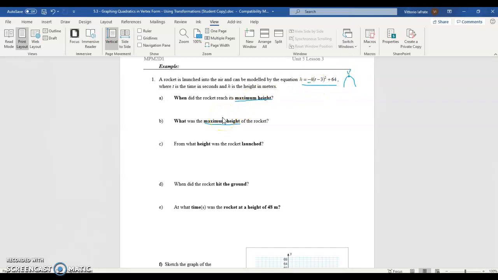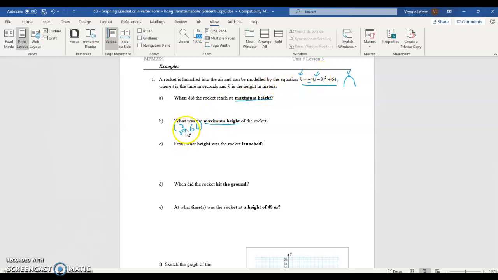So to do a question like this, what I typically do is I find my vertex first. So I know my vertex is going to be (3, 64). Now, we know that the height is your y value, because it's of the form y is equal to something x squared, and the t is the x value.